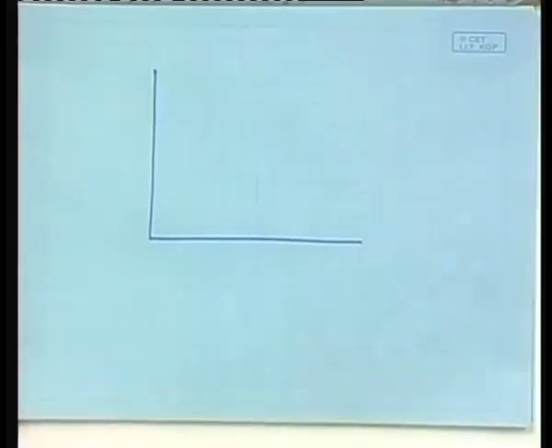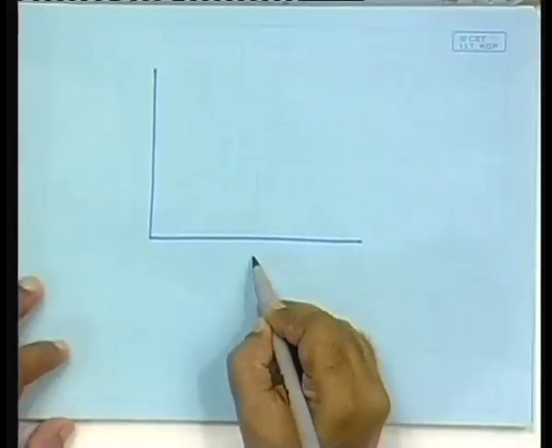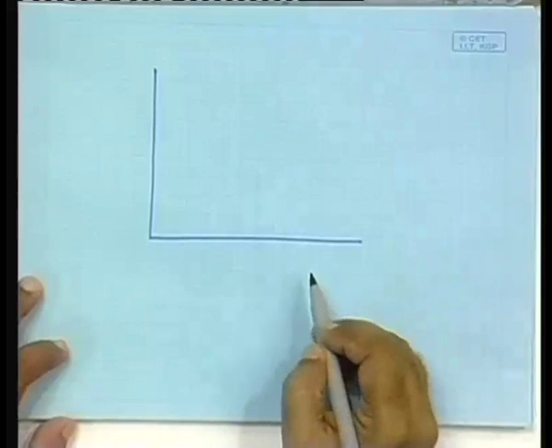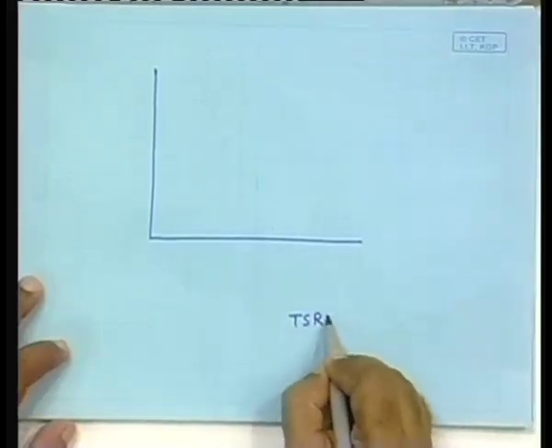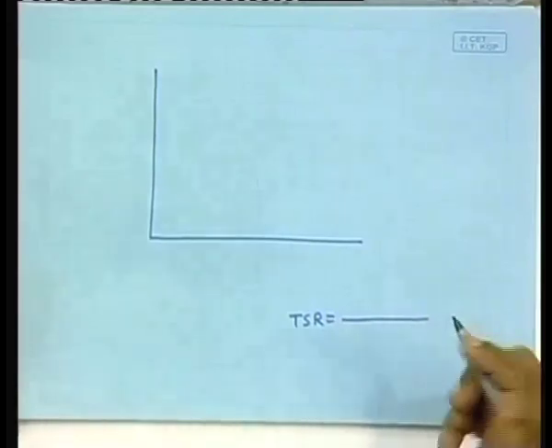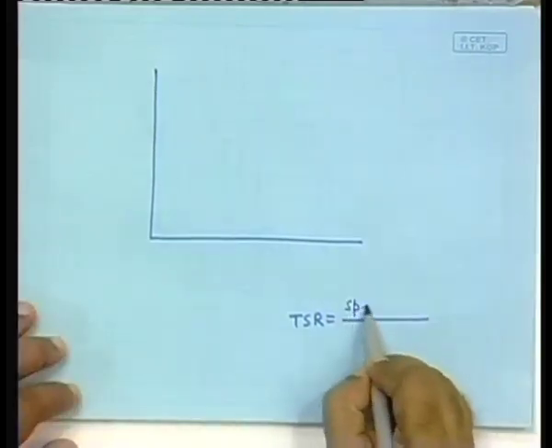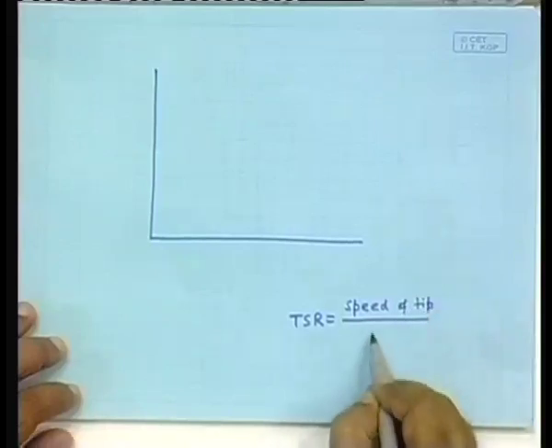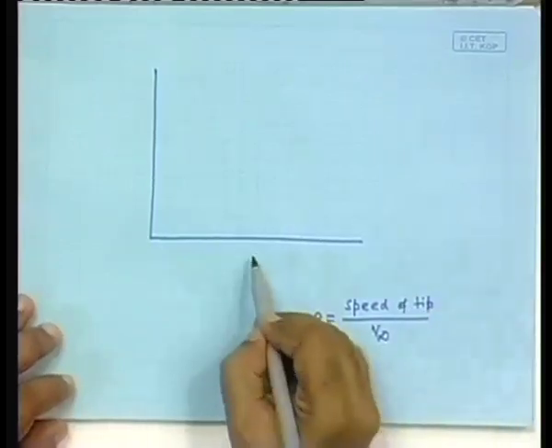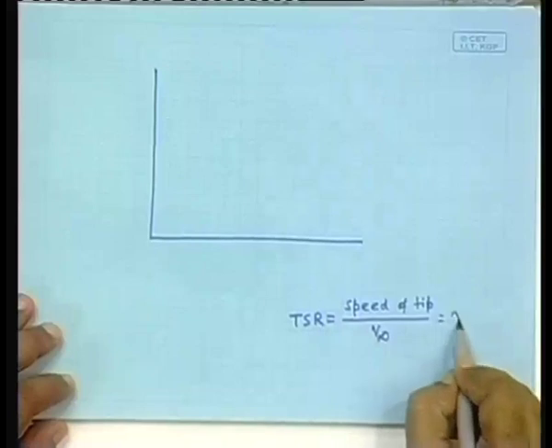Let us start our understanding from the tip speed ratio. You have learnt of the tip speed ratio, right? Just to recall, TSR is the speed of the tip to V infinity. So, this is denoted as lambda.